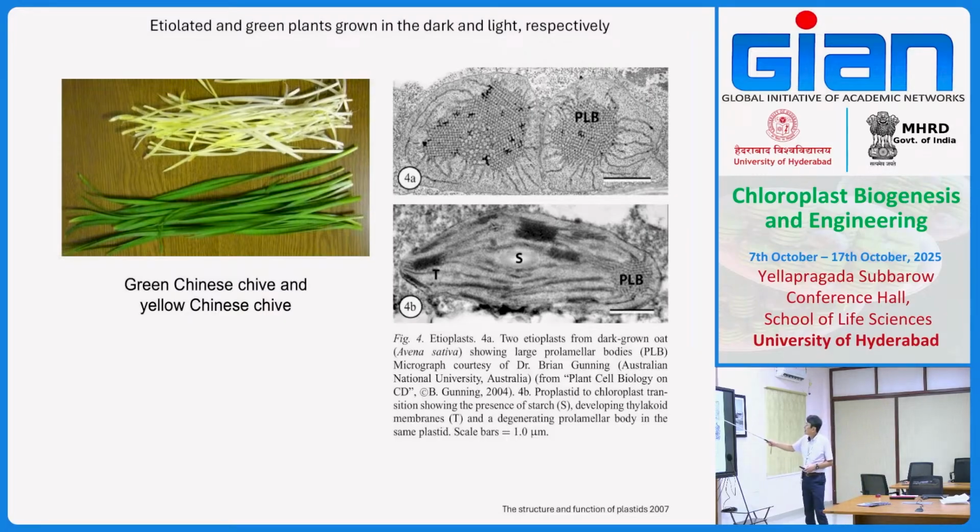Some membrane is extended, but it is very short and small in amount. The etioplast does not contain any chlorophylls. Some pigments, protochlorophyllide, a precursor of chlorophyll, accumulate, along with some carotenoids. So it looks a little bit yellowish. It's not green.